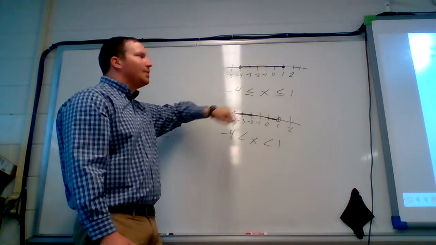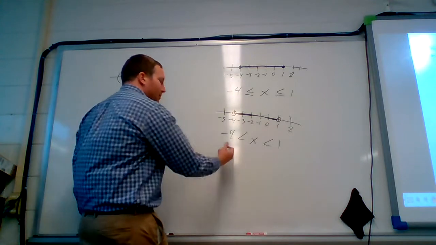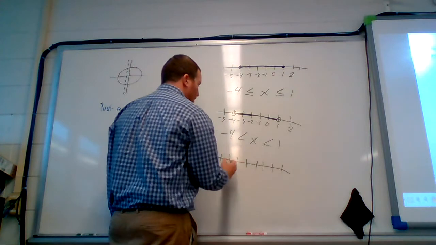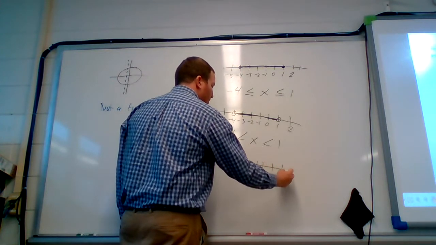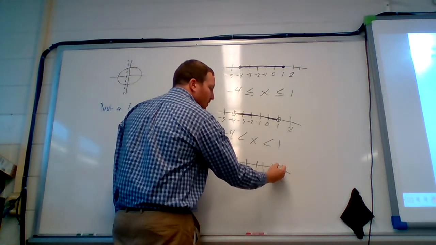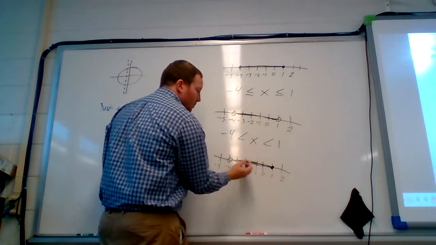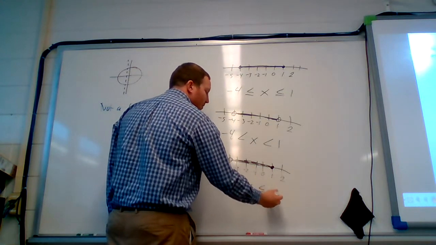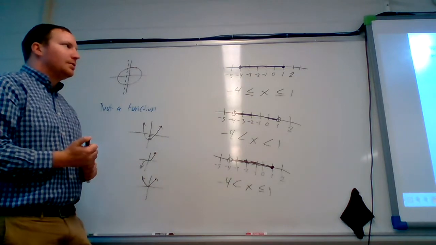Closed circle, that value is included. And of course, we can have a combination. I could have an open circle on -4, closed circle on 1, shade in between. So I could go from -4 is less than x is less than or equal to 1. Any combination of such.